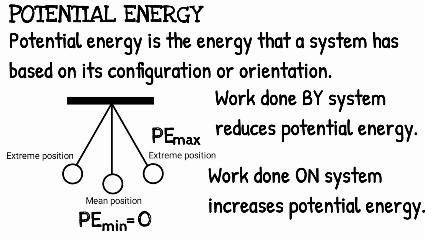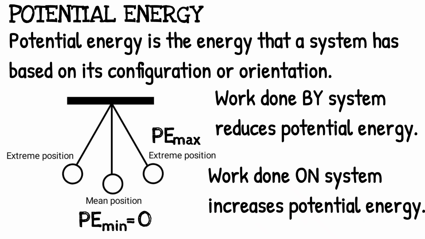Because if we move from extreme position to mean position, potential energy reduces. That means that is work done by system. But when you move from mean position to extreme position, the potential energy increases, and that's work done on system.